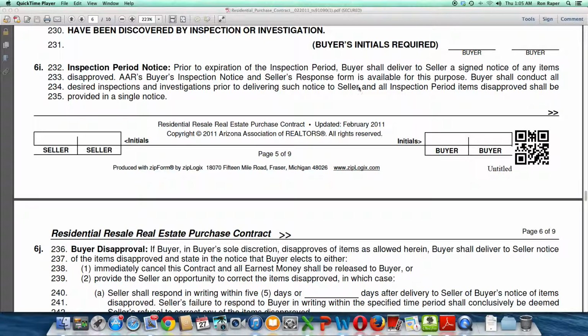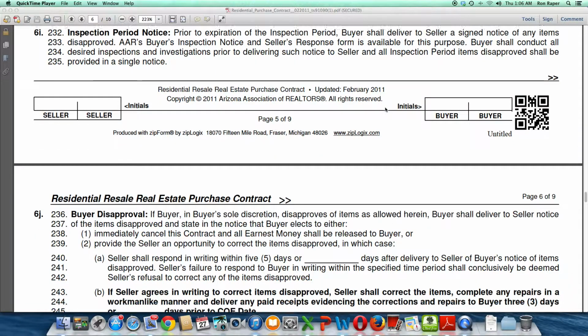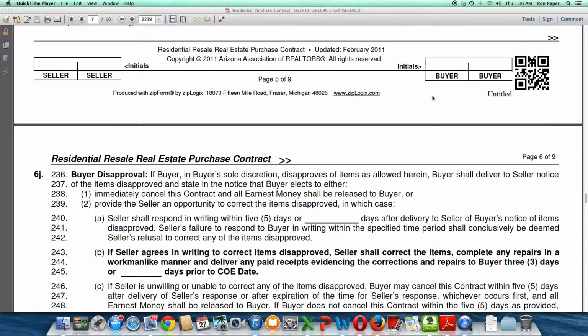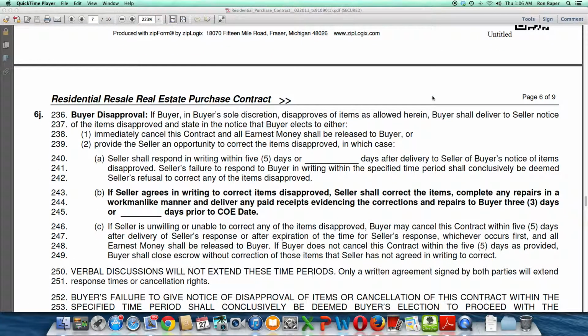Buyer shall conduct all desired inspections and investigations prior to delivering such notice to seller, and all inspection period items disapproved shall be provided in a single notice. Seller, buyer. Signatures.